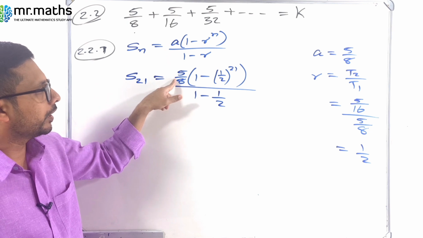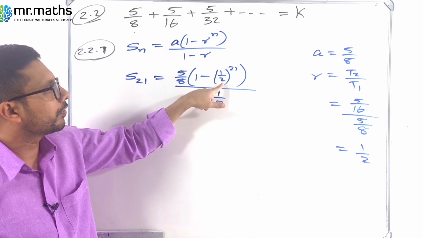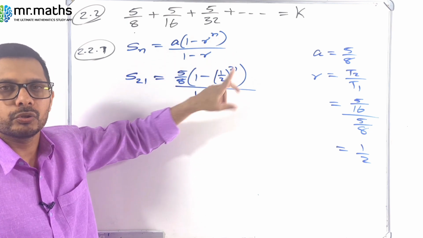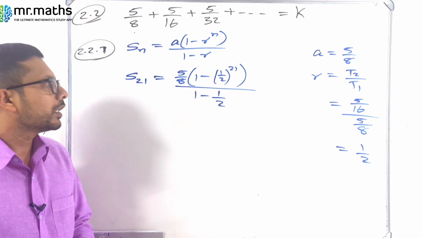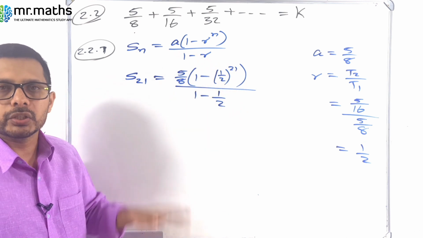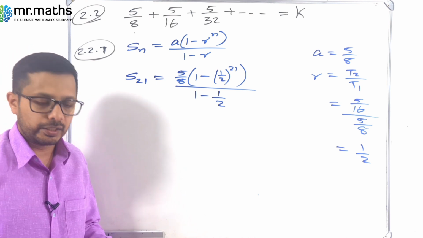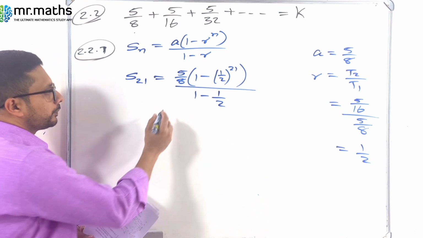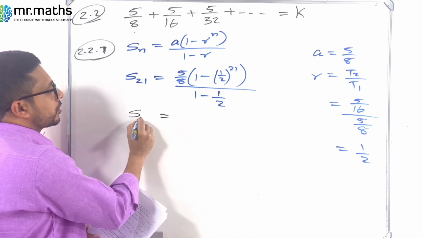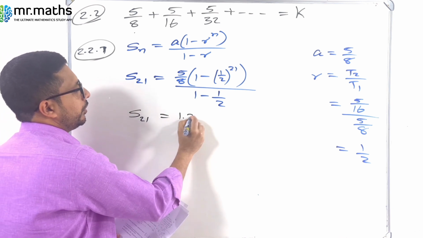A is 5 over 8, 1 minus r, 1 over 2 raised to n. 21 terms means n is 21, divided by 1 minus r. Exactly like this, try to type it in your calculator. And what answer will you get? You will get S21 is equal to 1.25 in your calculator.